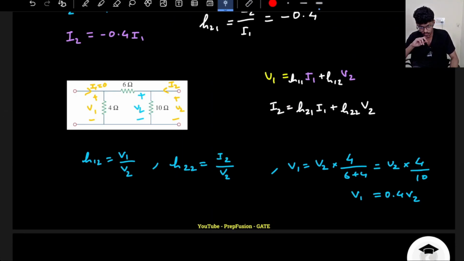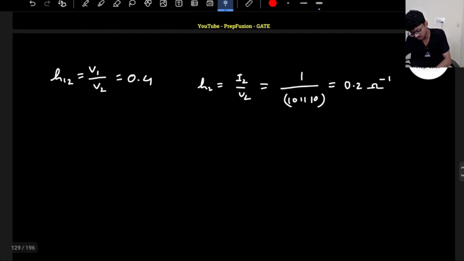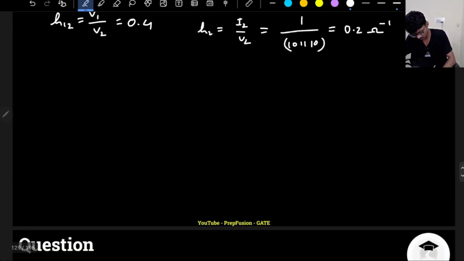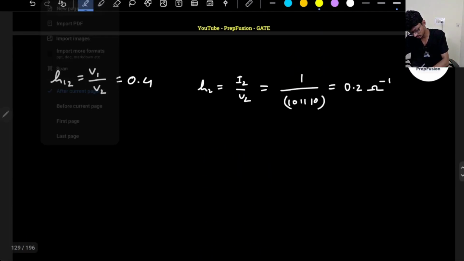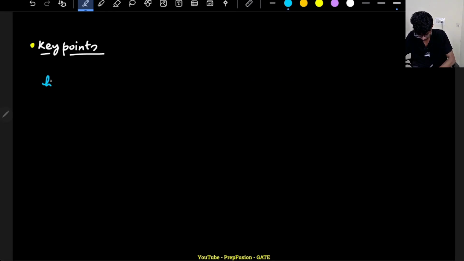Okay, a few things to note here, key points, if someone wants to know what h11 is equal to. h11 is equal to v1 by i1 when my v2 is 0.